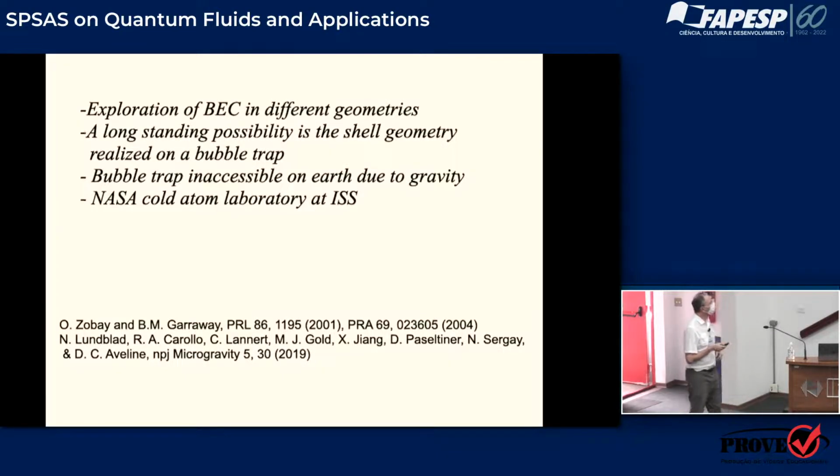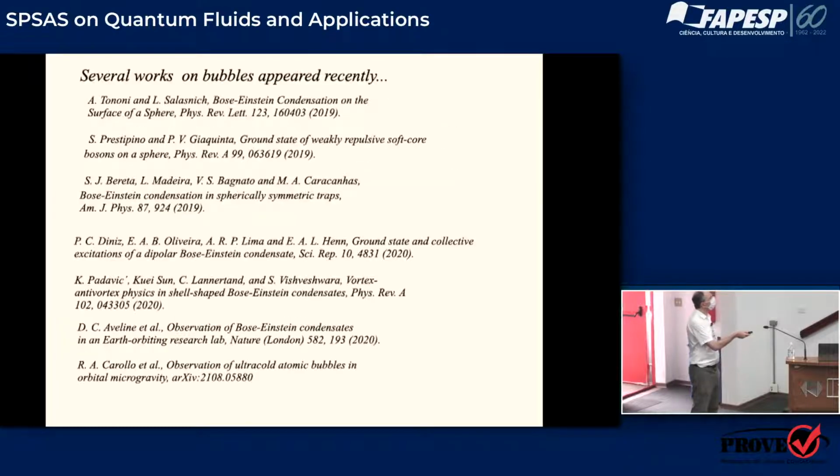These are references about this, and several works on bubble condensates have appeared recently. There is one from Tononi and Salasnich, Bose condensation on the surface of a sphere. There is Prestipino and Giaquinta, ground state of weakly repulsive soft-core bosons on a sphere. There is one from São Carlos, from Monica, who is here at my side, and Bagnato, and Lucas, also here.